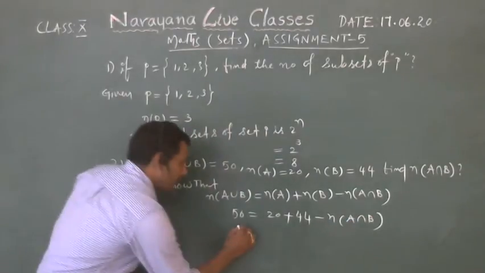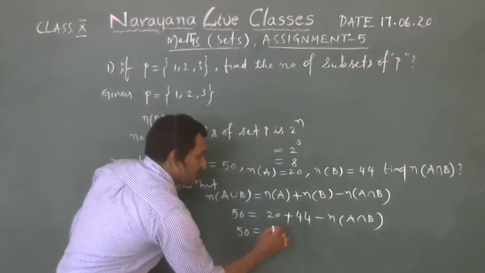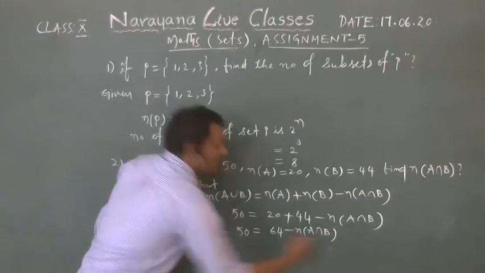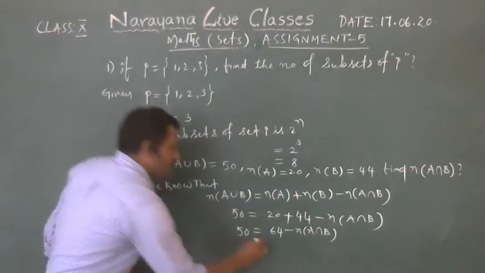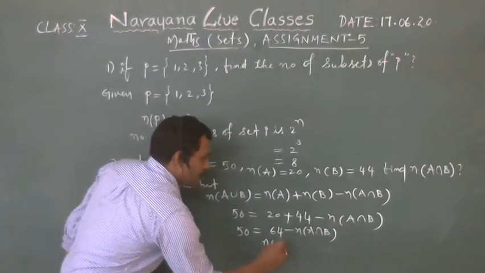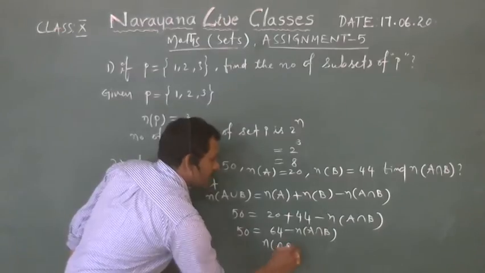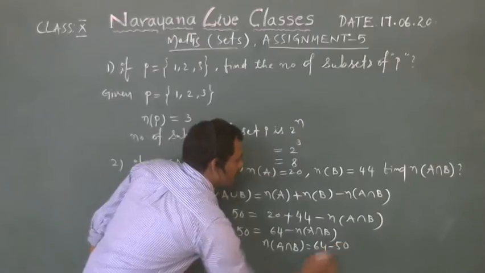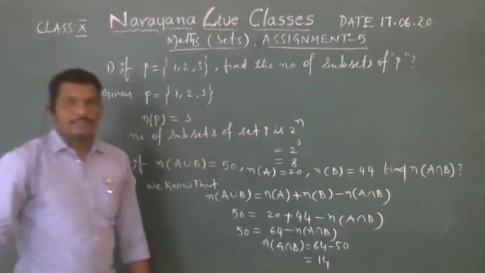So now 50 is equal to 64 minus n(A intersection B). Now n(A intersection B) is equal to 64 minus 50, so the answer will be 14.